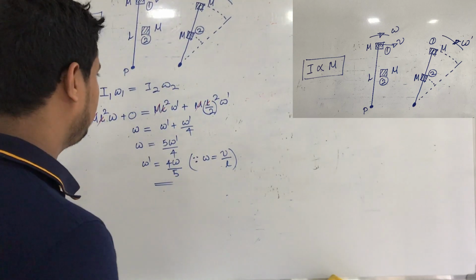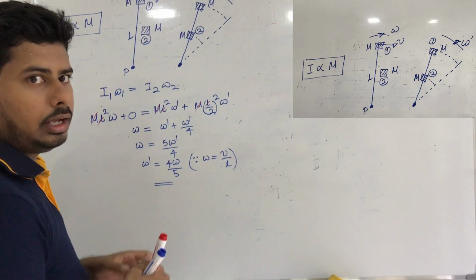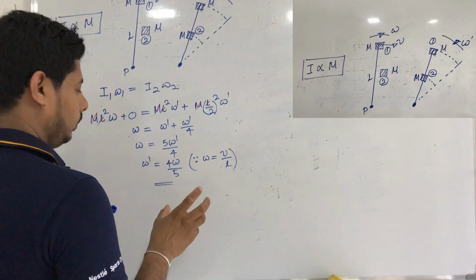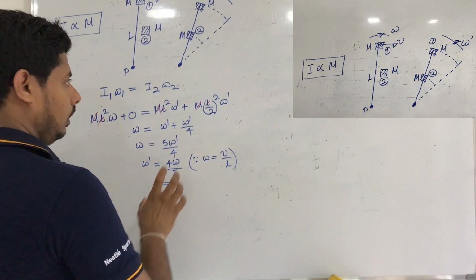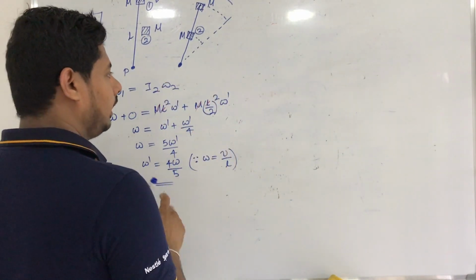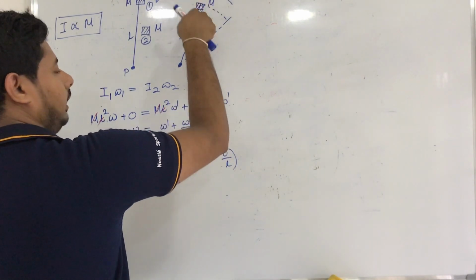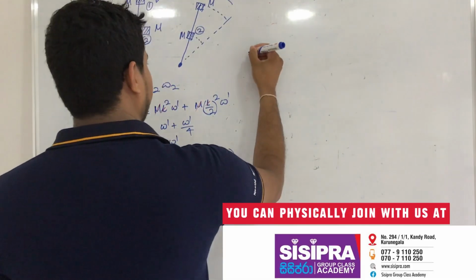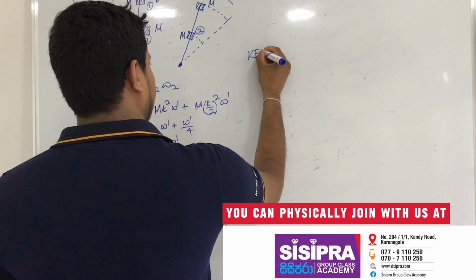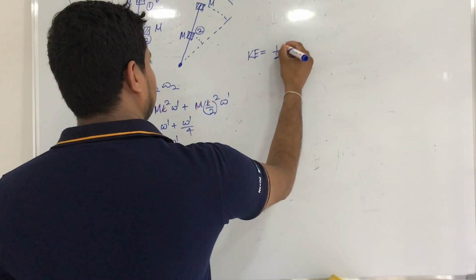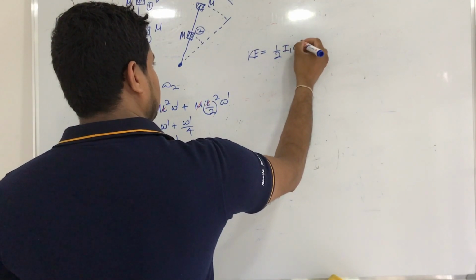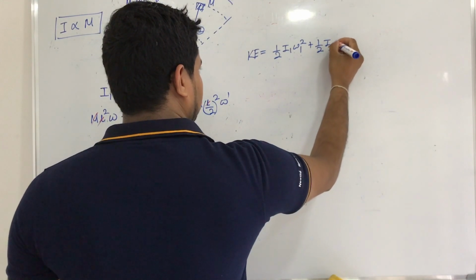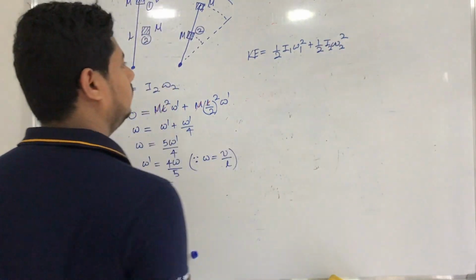Right. Now we have to write down the kinetic energy. This one has a kinetic energy and this one also has a kinetic energy, so the kinetic energy is equal to half I1 omega 1 square plus half I2 omega 2 square.